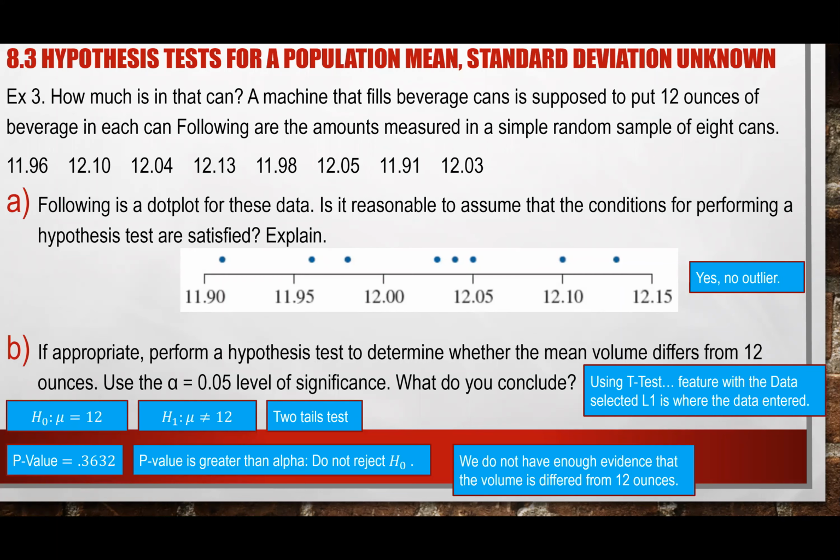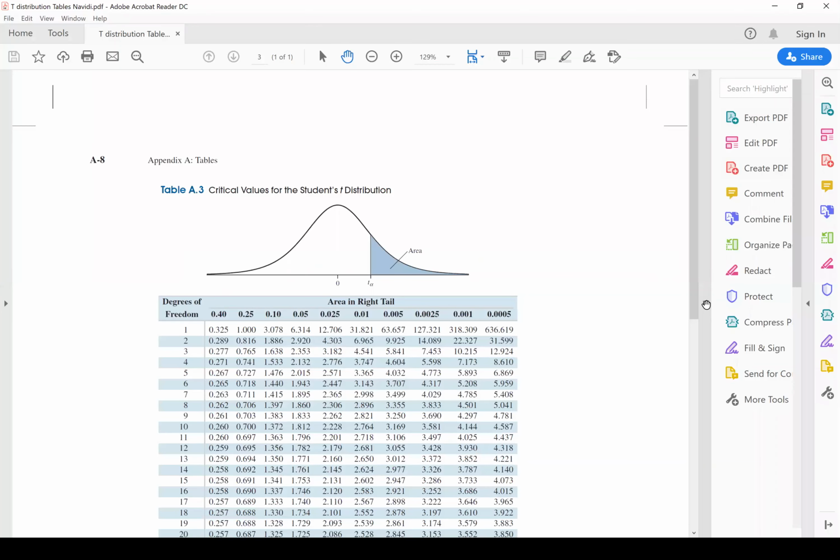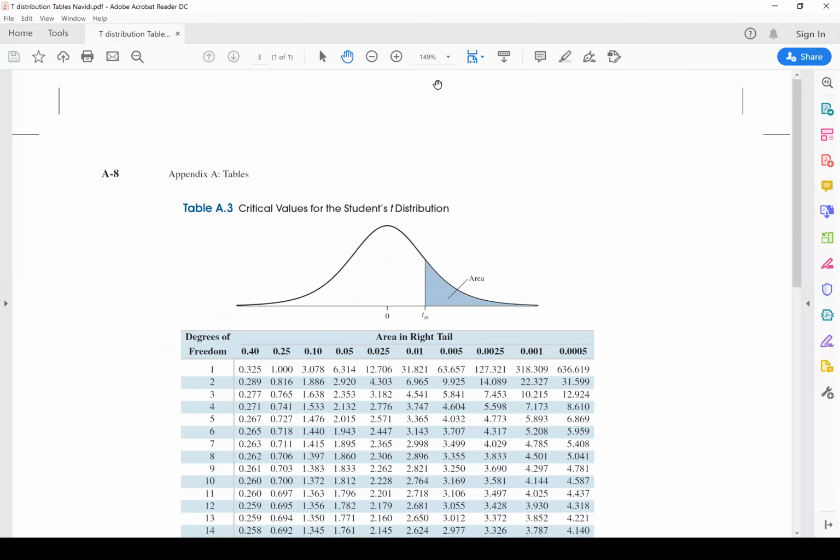If they were to ask you the critical value, reminder, the alpha is 0.05. But reminder that you have a two-tail test and you have to take 0.05 divided by 2.